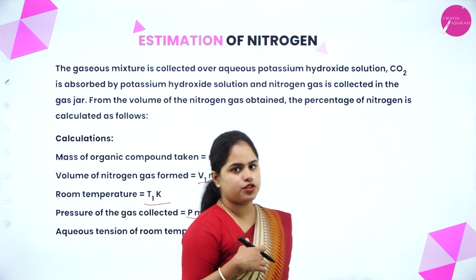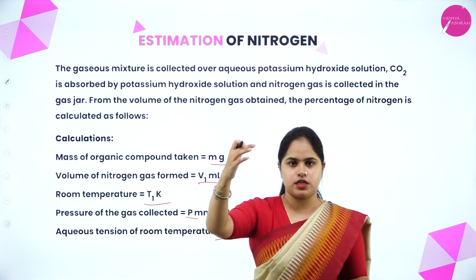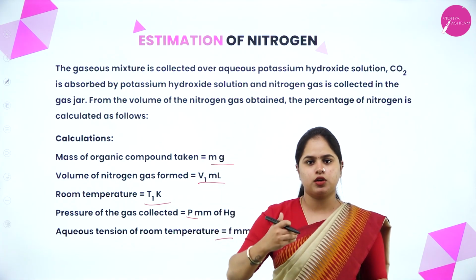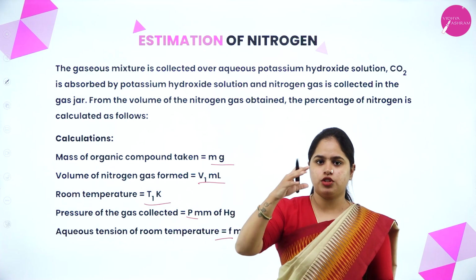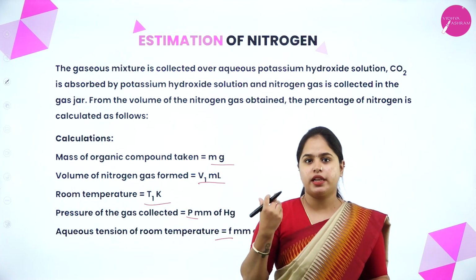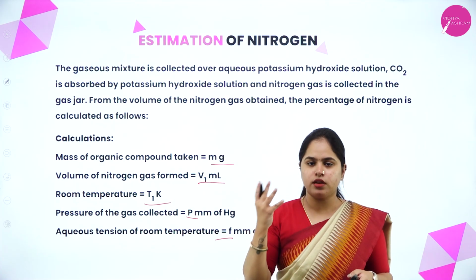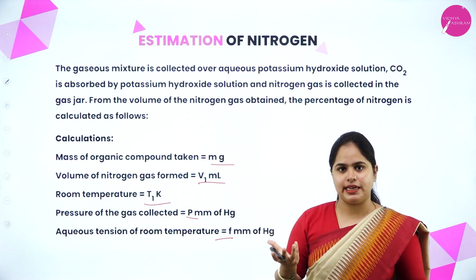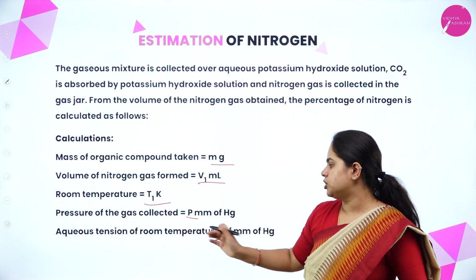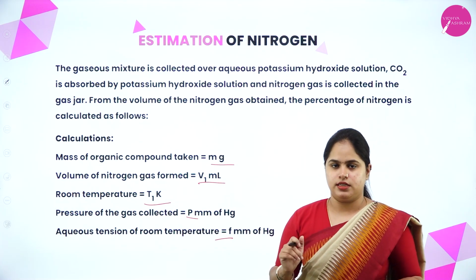As you saw in the apparatus, above the potassium hydroxide solution, nitrogen gas will be accumulated. As it is over the potassium hydroxide solution, it will also contain some liquid presence, like some water will also be present with the nitrogen gas. It won't be completely dry. Hence, the aqueous tension also needs to be considered, right?